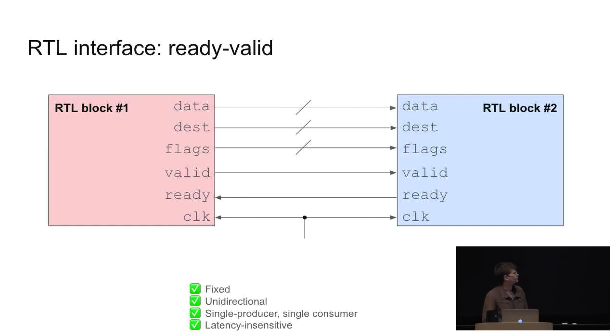In the hardware world, what this interface looks like is just a familiar ready valid interface. We've got the data, destination and flags fields that I mentioned, plus ready valid handshaking, and this clearly meets the properties that I described for the Switchboard connection.